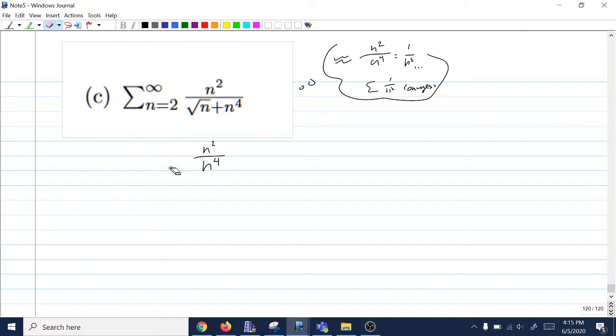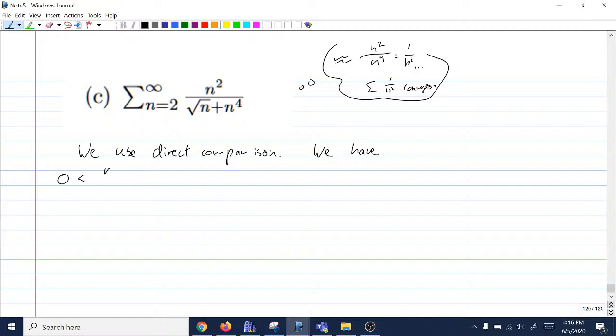We'll use direct comparison. We have that this term is positive, and it's less than n squared over n to the fourth, which is 1 over n squared.